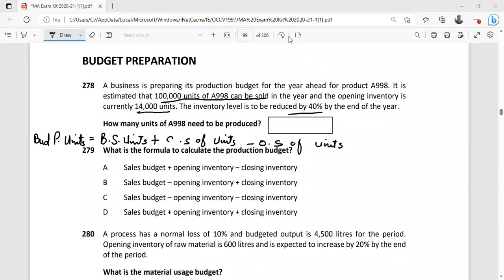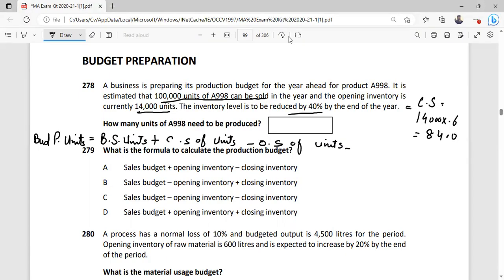Okay. So now we will calculate budgeted production units by using this formula. Opening inventory is 14,000 and closing inventory is reduced by 40%. It means closing inventory will be 60% of 14,000. So we can calculate that, 60% of 14,000 is 8,400.